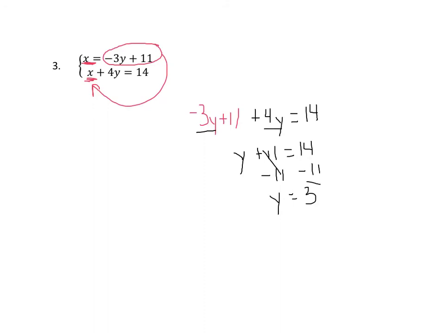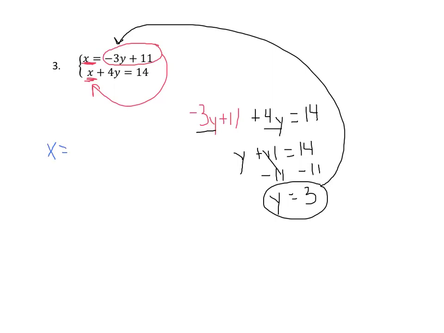Now let's take this y equals 3 and plug it in to one of the top equations. It doesn't really matter which one, but I'm going to put it in this top one. So x equals negative 3 times the y value that we already found, which is 3, and then plus 11.